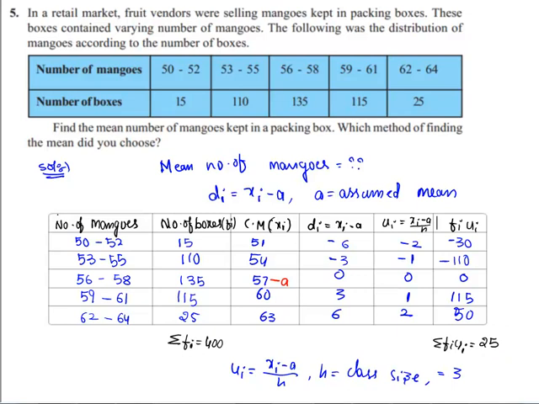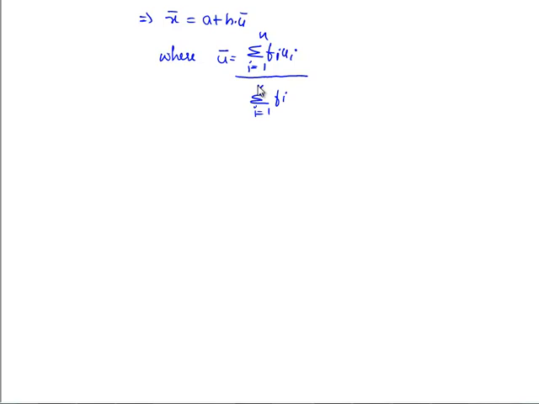They have asked us to find the mean number of mangoes. According to the step deviation method, we know that the relation between xi, x bar and u bar is x bar is equal to a plus h into u bar, where u bar is equal to sigma fi ui, where i varies from 1 to n, by sigma fi, i varies from 1 to n.